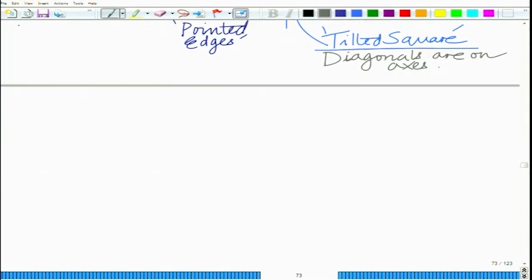Now, we have seen the L1 norm ball. Something very interesting is what is known as the L infinity norm, that is, what happens when p tends to infinity.